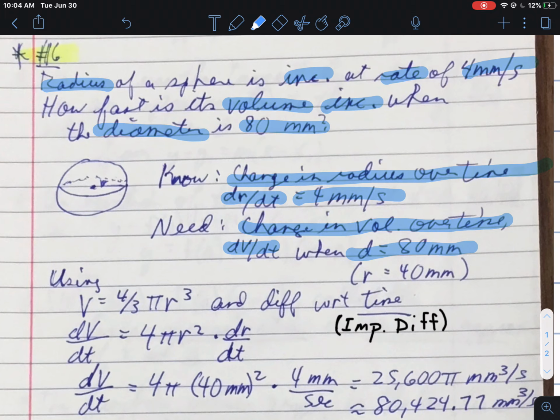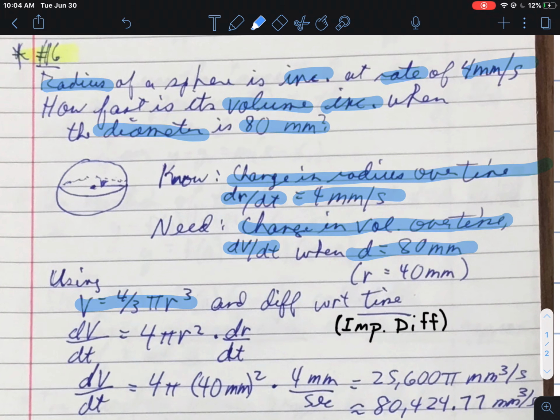So again, if I'm looking for dV dt, I want the change in the volume, then let's start with the formula for the volume. Now, this is one you may not know off the top of your head, but now you do. Volume of a sphere is 4/3 pi r cubed. I'll expect that you know that formula because I've just given it to you.